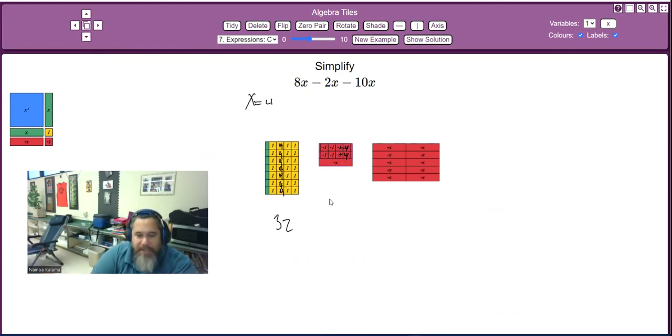All right, so that would be negative 8. And then over here, I'll just speed it up. That would be negative 40.